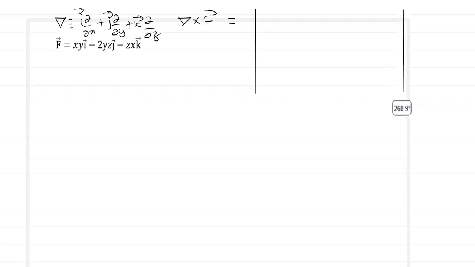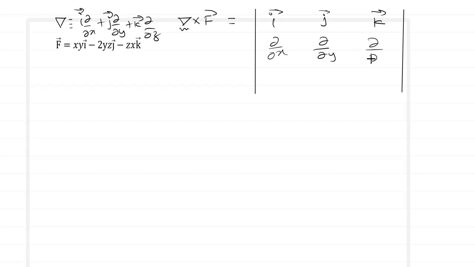What is going to be my inputs? The first input is going to be my vectors: i, j, k. What comes first? Del comes first. What is the i component of del? Dou by dou x. What is the j component? Dou by dou y. What is the k component?